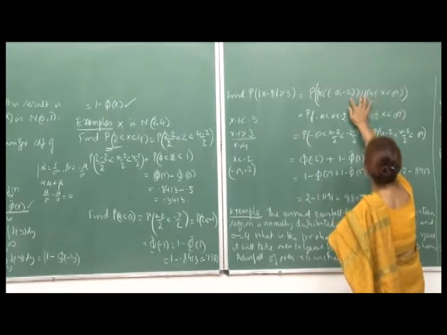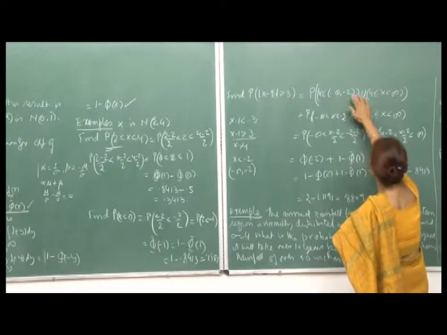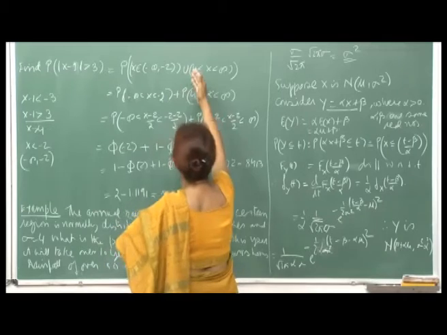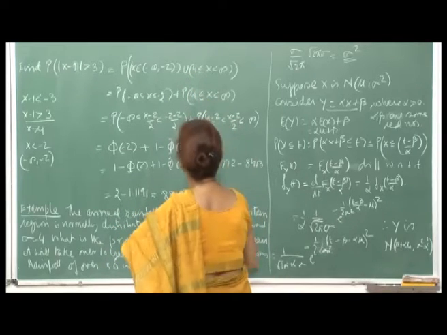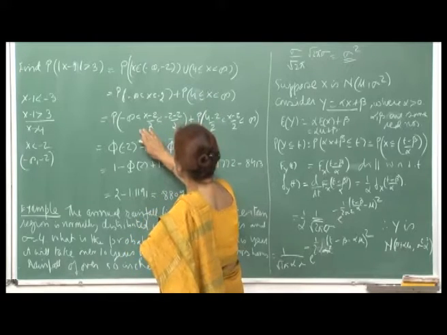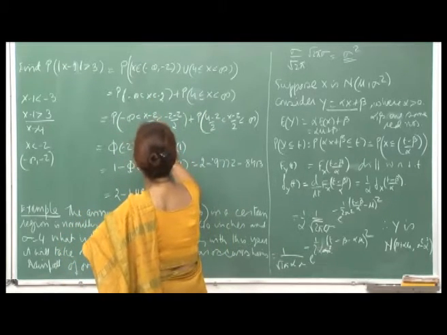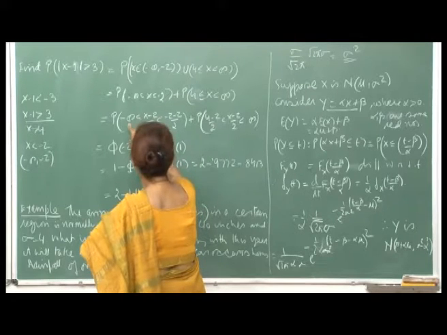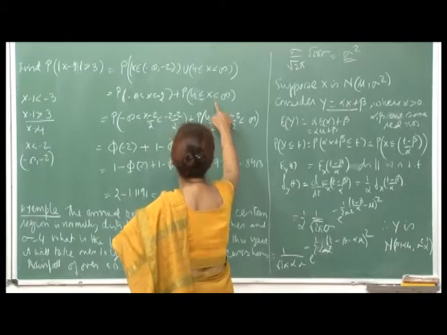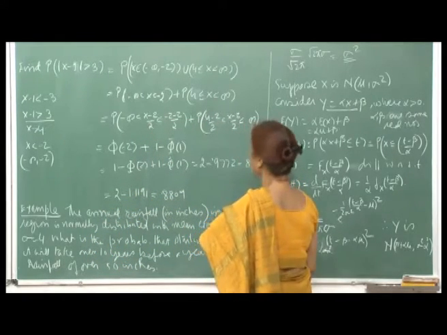Now, since these two sets are disjoint, minus infinity to minus 2 and 4 to infinity, I can write the probability as the sum of the individual probabilities. Again I transform my variable, (x minus 2) upon 2. So, this remains minus infinity, and this is minus 2 by 2, and here again I use the same transformation to reduce it to a standard normal variate.